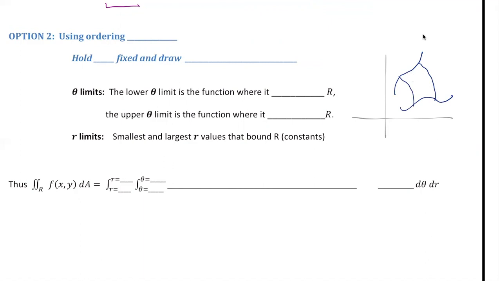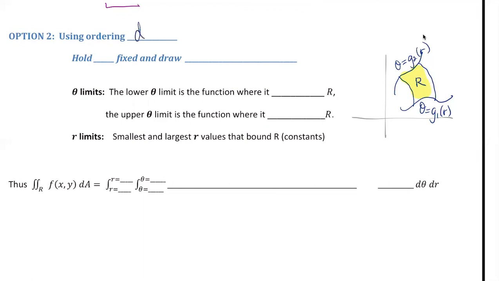Okay. And let's shade this in. This is my region R. And now what you're noticing, if I'd like to do it this way, I need to think of theta along here as a function of r. And I'm going to write this side as another function of r. And this is my region capital R.